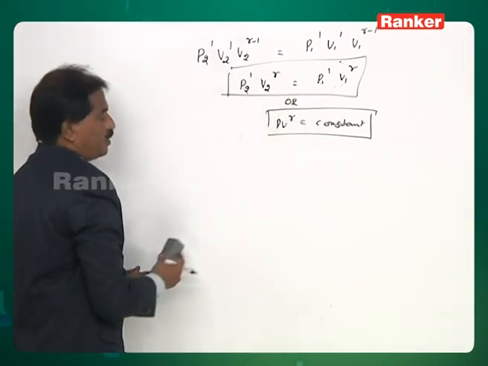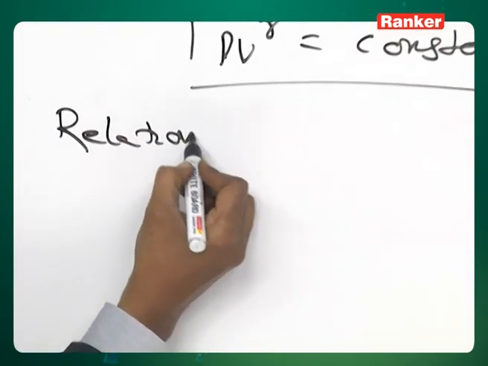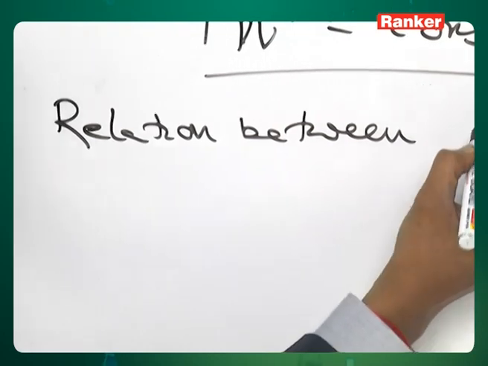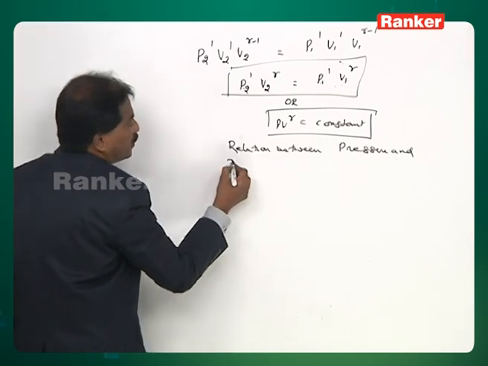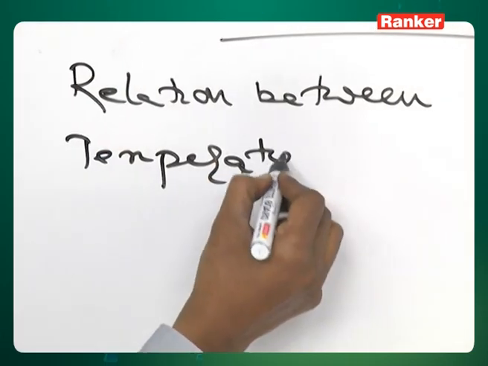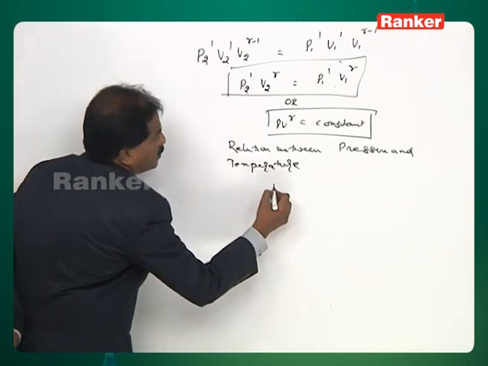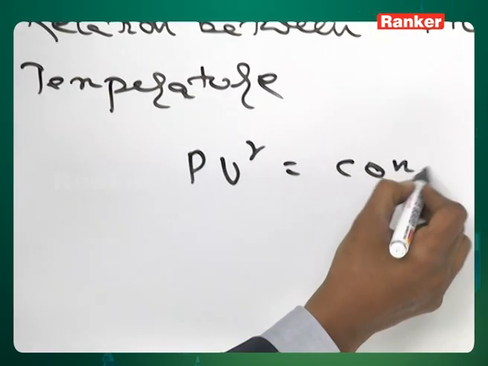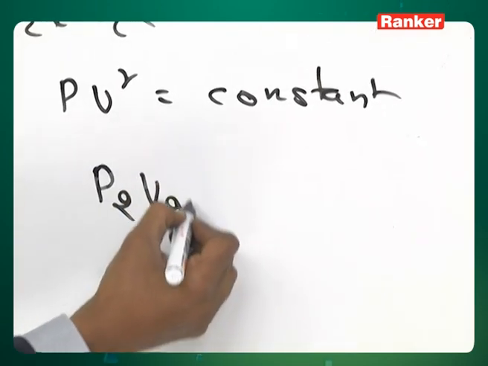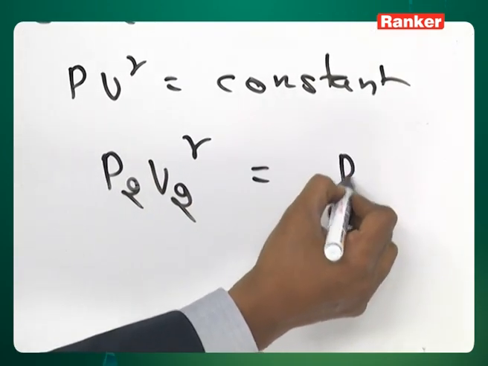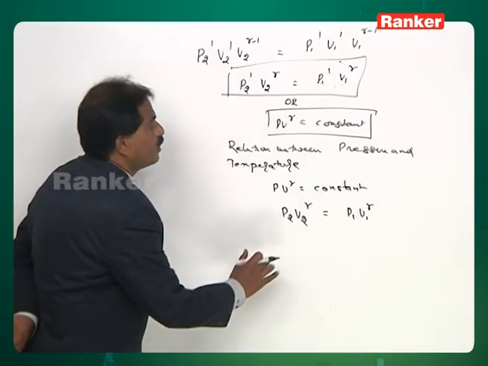Next, relation between the pressure and temperature. So, this is the expression: PV power gamma is equal to constant, P2 V2 raised to the power gamma is equal to P1 V1 raised to the power gamma. Now we want to introduce the temperature term.